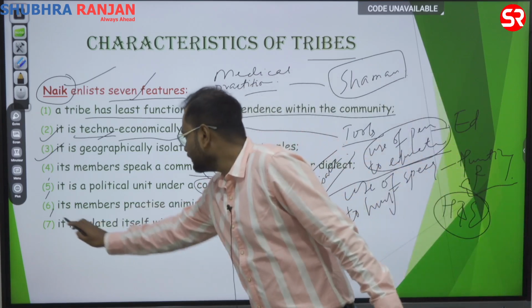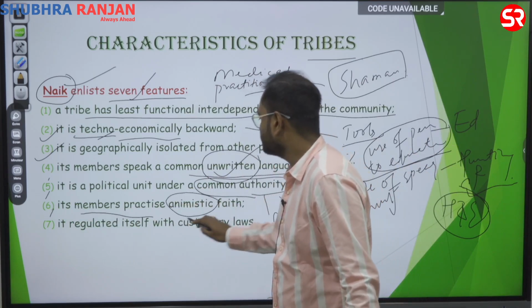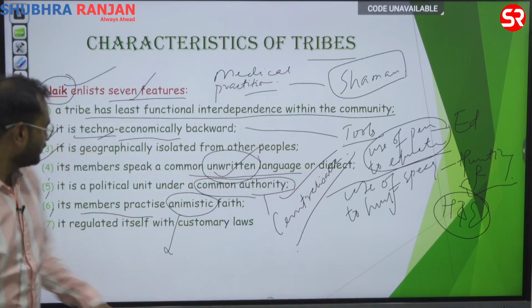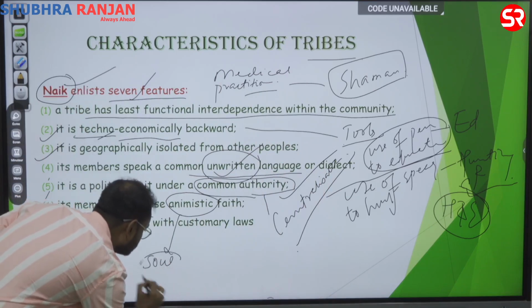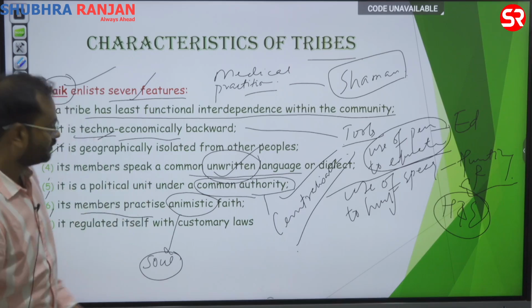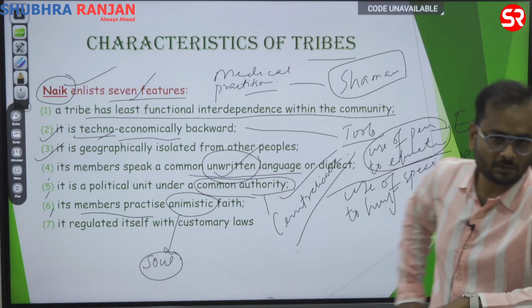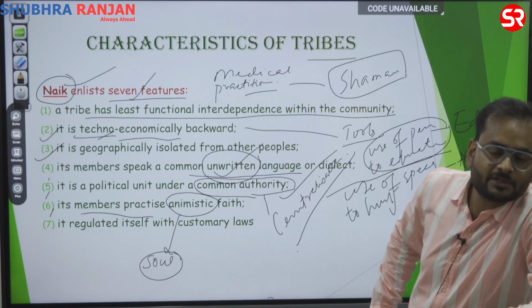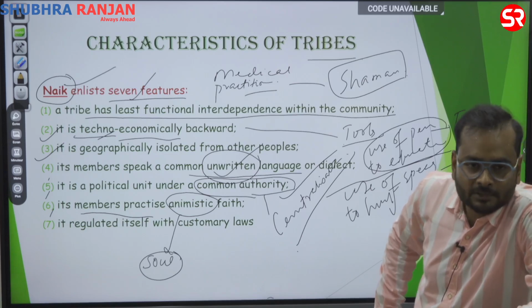Then what is the sixth one? Its members practice animistic faith. Animistic. Okay. Animism is a kind of religion which believes in soul. Okay. You can say you believe in Hinduism, somebody believes in Islam, somebody believes in Christianity, somebody believes in Judaism.